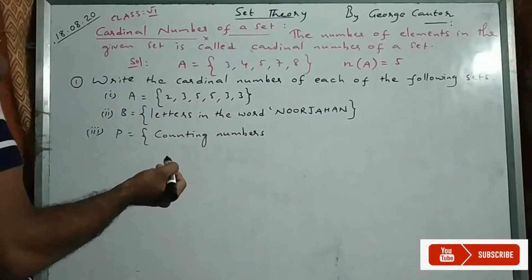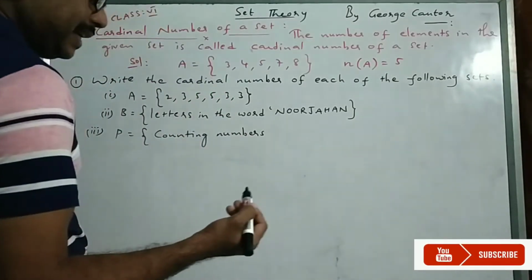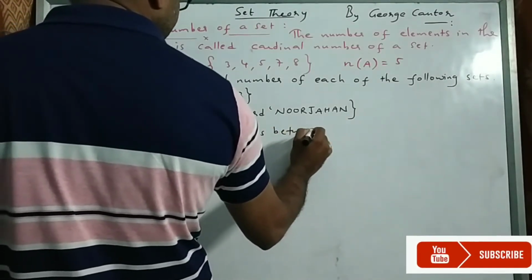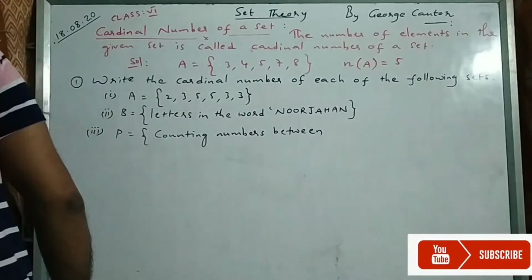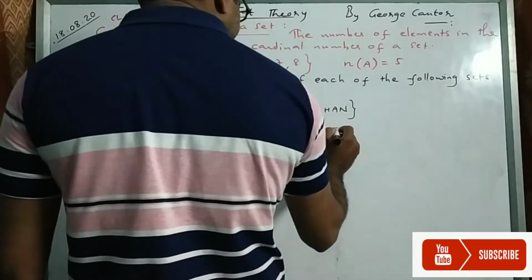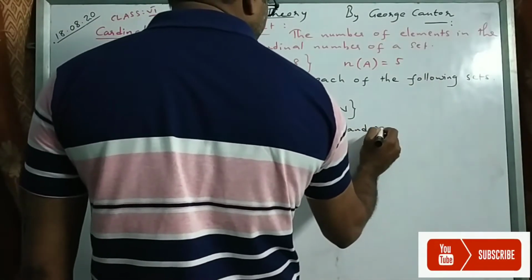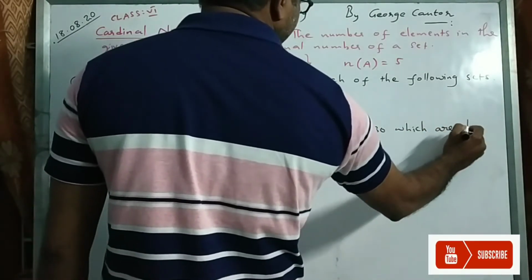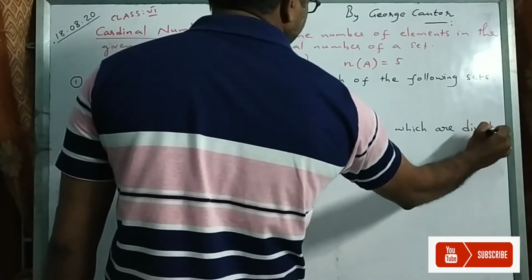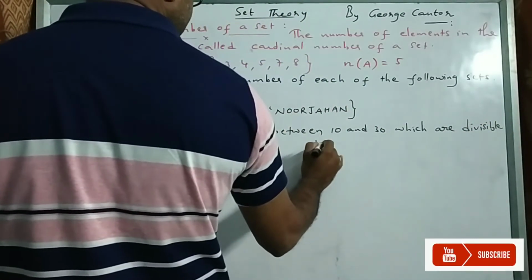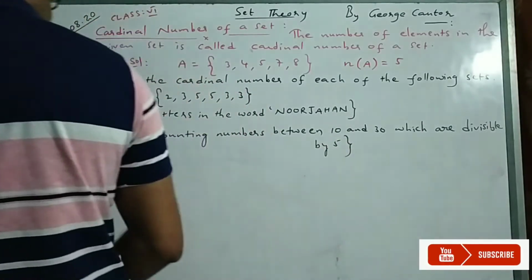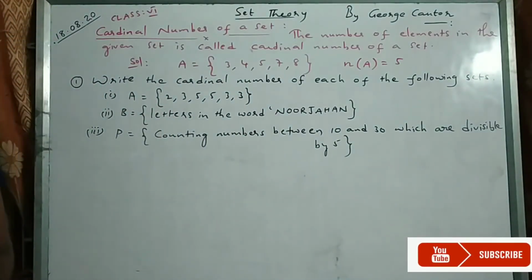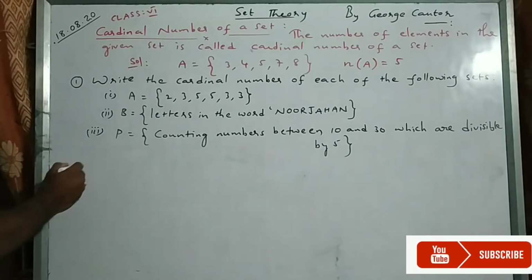Counting numbers or natural numbers, both are same, positive integers. Observe this set.